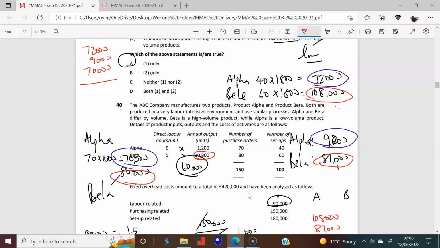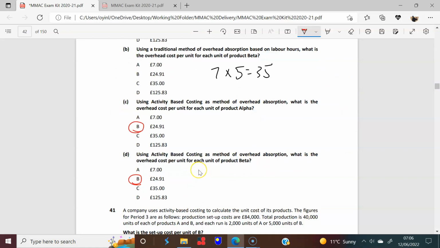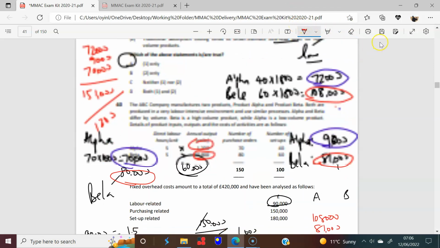That's 151,000, and divide that 151,000 by the number of units, which is 1,200. You get £125.83. And that's how you deal with that.